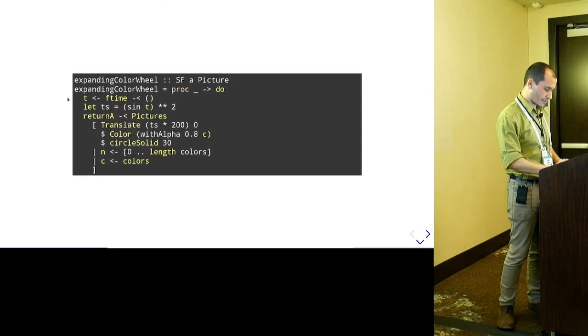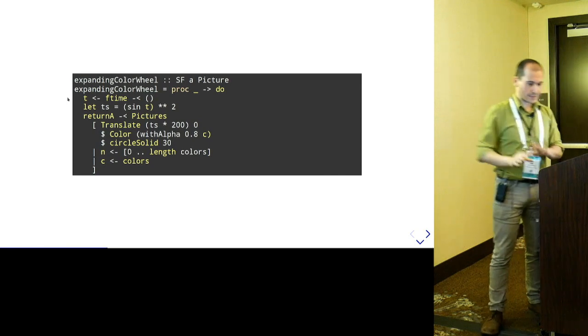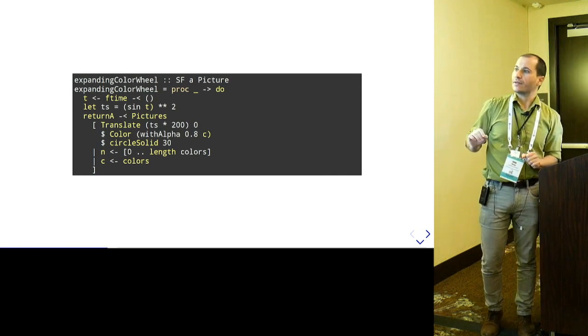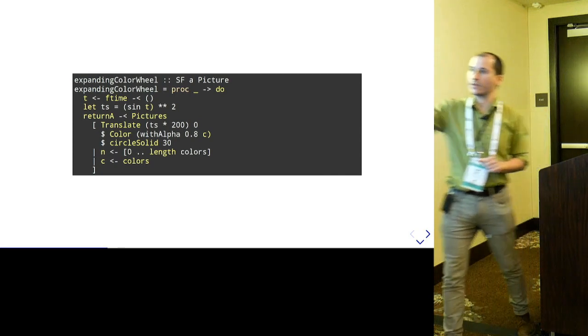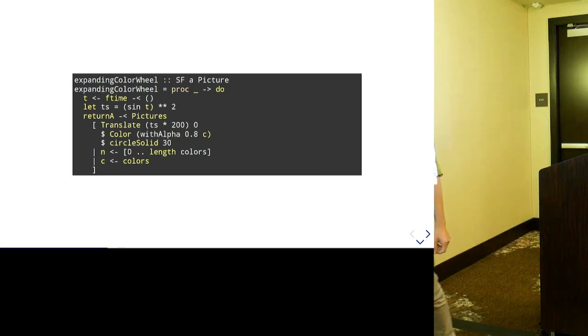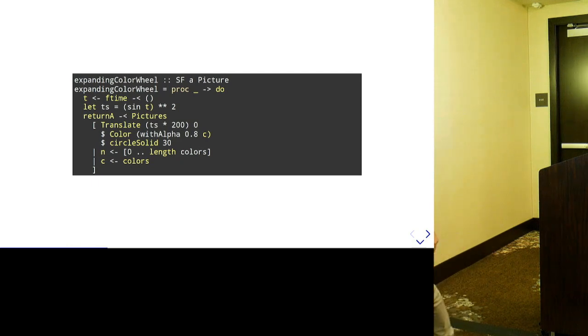Let me just show you one more example, and then we'll go into simulations. The idea of this one is kind of similar to what we saw. Essentially, we take a circle, we paint it with a color, and then we move it. But the difference is that now we move it by a factor that depends on the time.